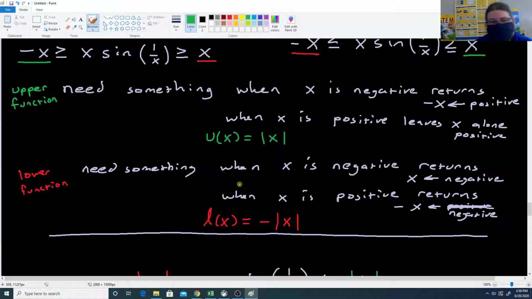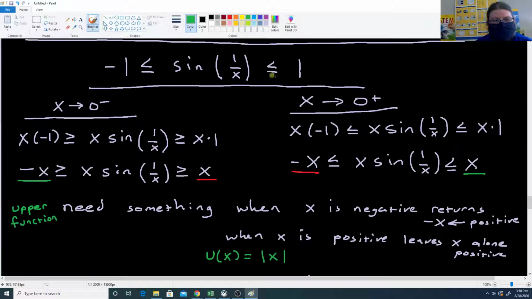And we know that that's true because we proved that since sine was bounded between -1 and 1, we could multiply sine by an x less than 0, and that generated this inequality. And then we multiplied sine by an x greater than 0. That generated this inequality.